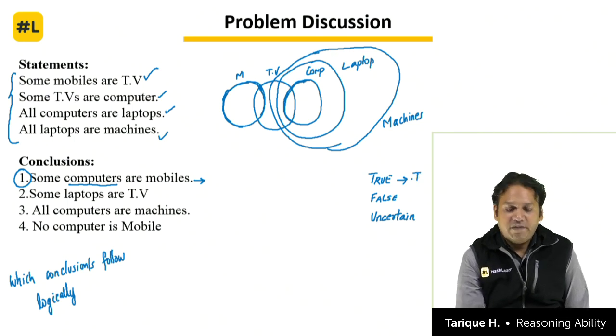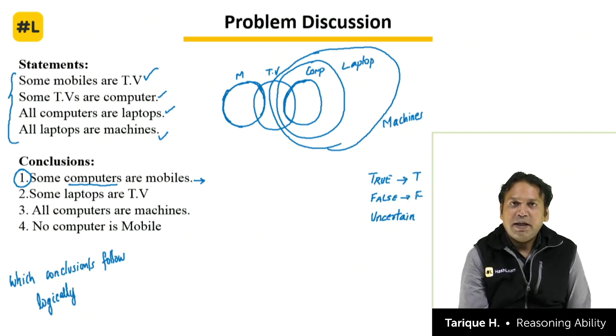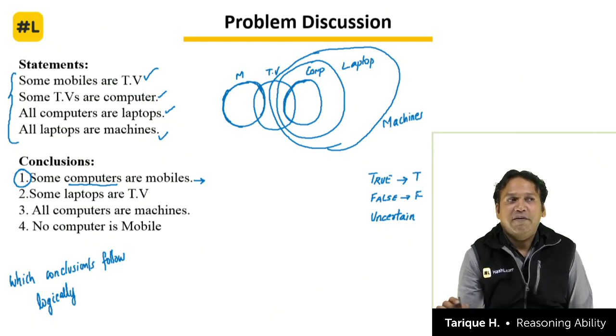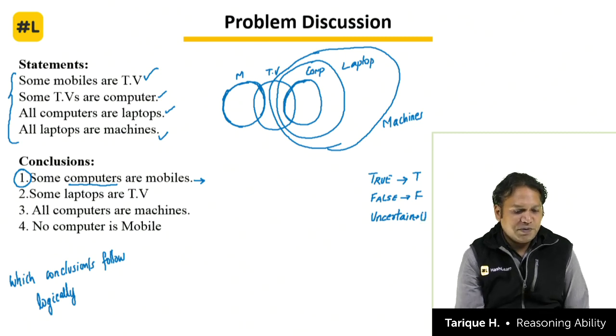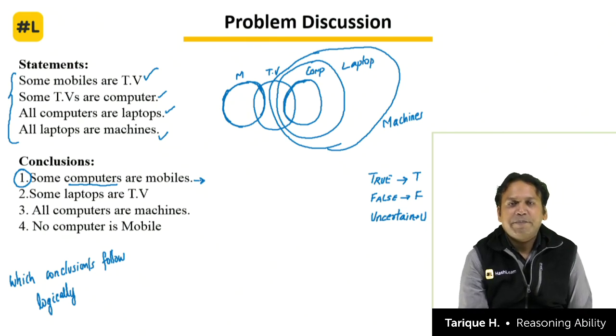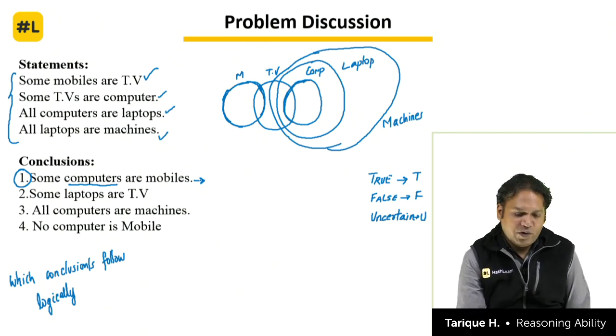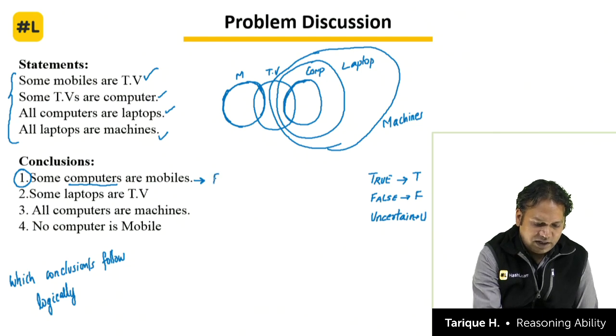Where we know the statement will be 100% false, we'll write F there. And where we don't know whether the statement is true or false, we'll write U there, uncertain. Now my question to you is, what do we write here? Do we write T or F or U?